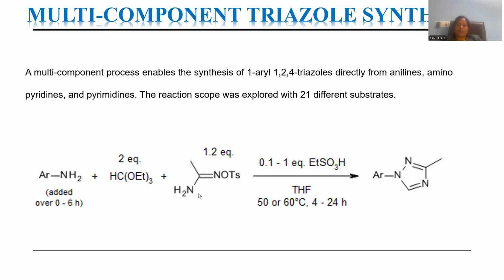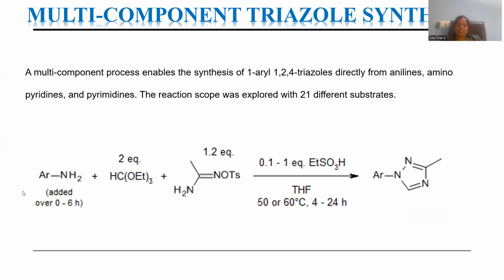It is the kind of oxime which is taken as one of the materials. It is said to be a multi-component reaction. Multi-component means more starting materials, more than two if you are taking, that is said to be a multi-component reaction. One is amine, another is the polyethoxy compound, and here we have a tosyl oxime derivative taken, and all together are mixed up.